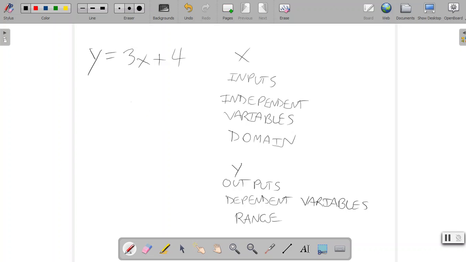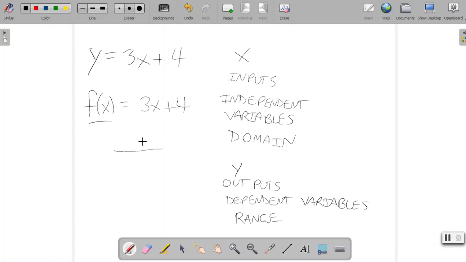So to give a very simple example, when we use function notation, instead of using y, we use f of x to emphasize that the dependent variable or the range depends on, or is a function of, the independent variable, the x.